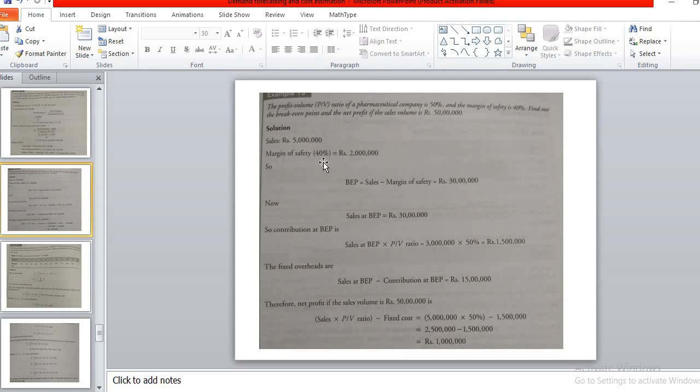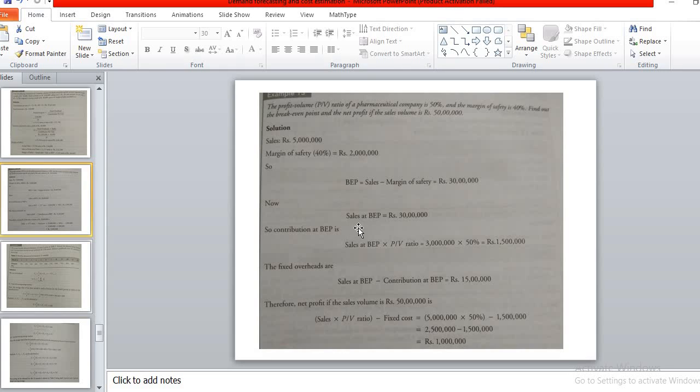Margin of safety is given as 40%. So 40% of this sale value gives 20 lakh rupees. Now break-even point is equal to sales minus margin of safety. So the difference between sales and margin of safety gives us 30 lakh.